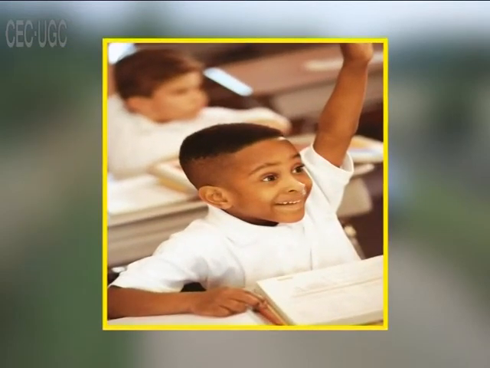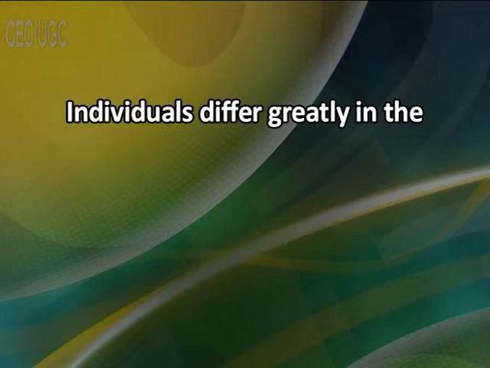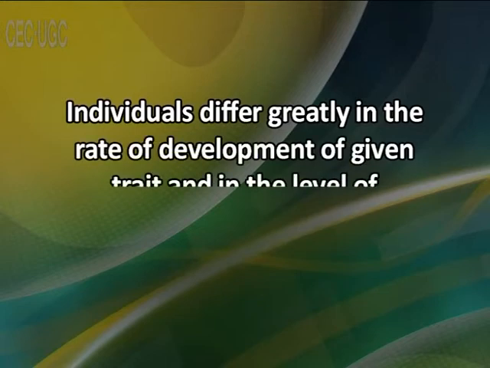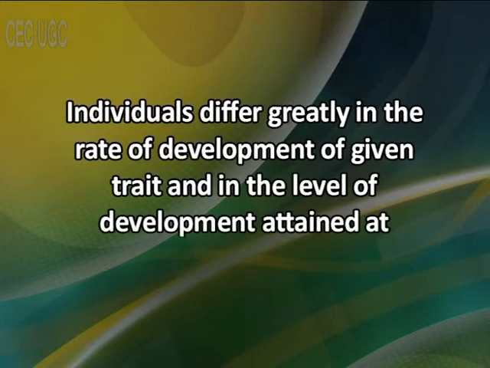Active learning would result in complex behavior patterns which may be differentiated into higher or lower degrees of habits, skills, understanding, feelings, etc. In general, individuals differ greatly in the rate of development of a given trait and in the level of development attained at maturity, because various traits of an individual develop at different rates and reach different levels of maturity.